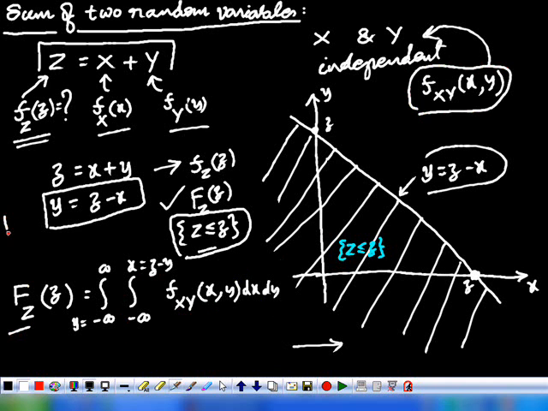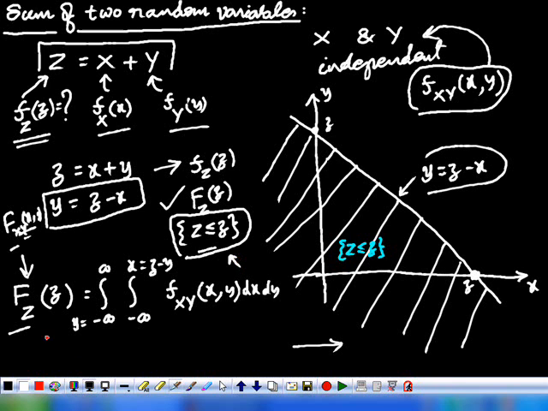Actually, what you will get is F_XY of x comma y. But here z is related to x and y, so that's why we are writing this as F_Z(z), with the assumption that we consider the region in which Z is less than or equal to z. So that event corresponds to F_Z(z).